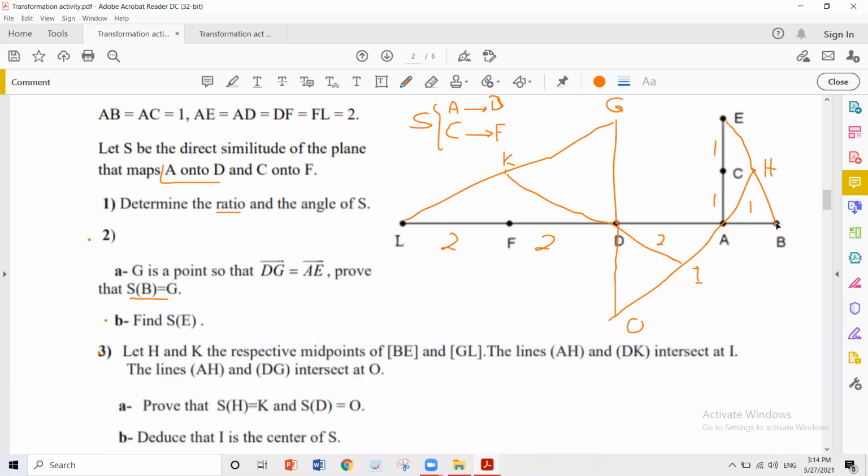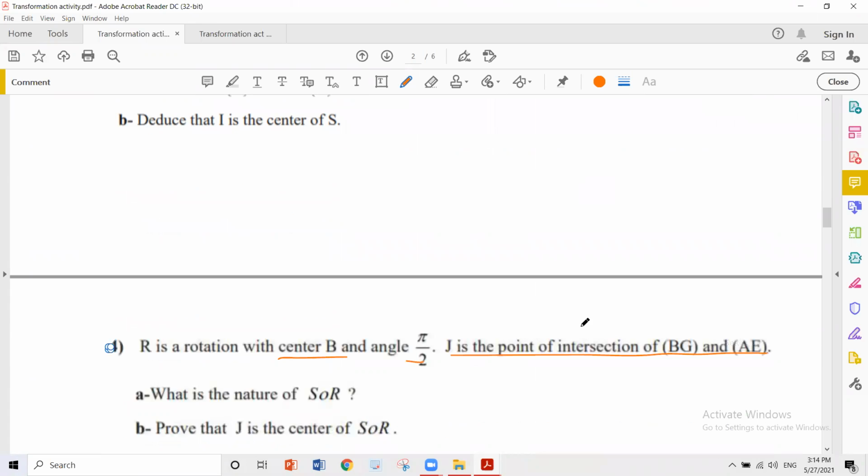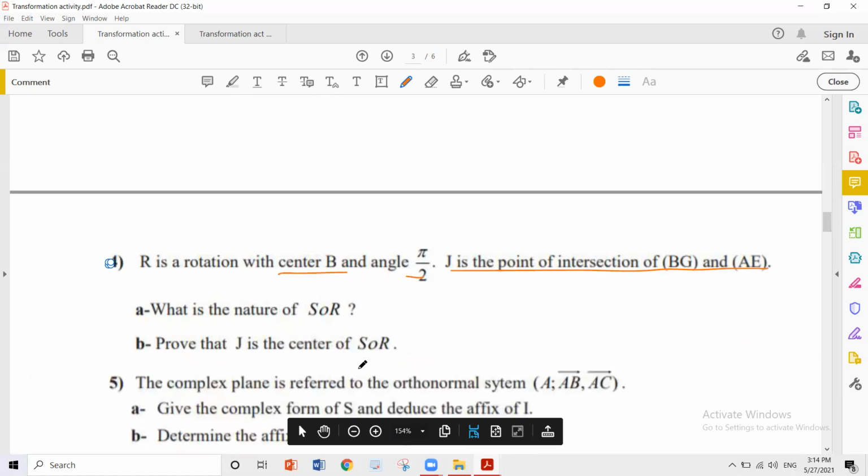You join BG and AE, they intersect at a point J. What is the nature of S round R?